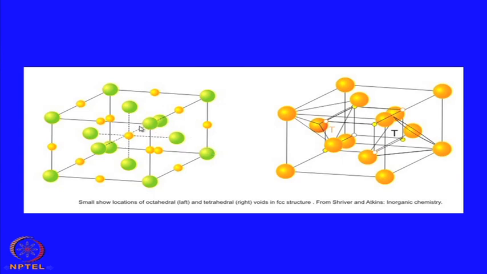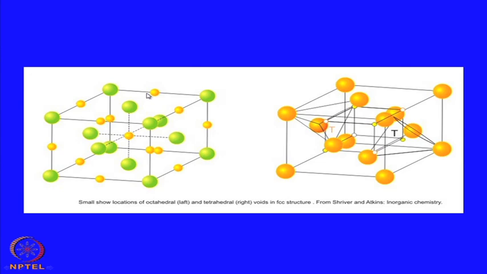So, they are not touching along this edge. These two are not touching because they are touching on this side, so they cannot come closer than that. So, there will be some space, or interstitial voids, we call it. This is an interstitial void.